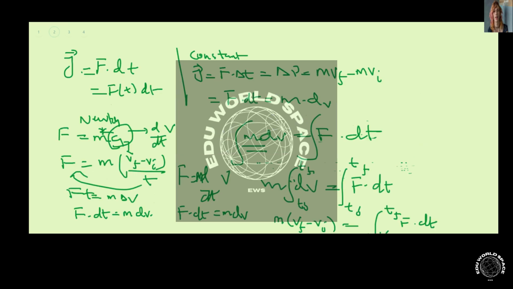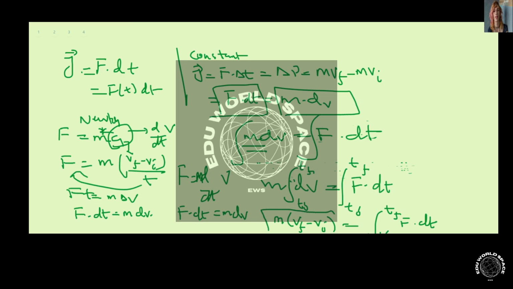You want to get the impulse of the force in terms of infinitesimal force changes, and that's what's happening right here. You compare that to the change in momentum at the infinitesimal level, but now we want to deal at the macro level, so we do the integrals on both sides.